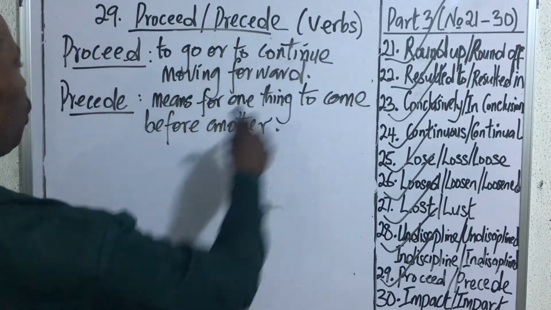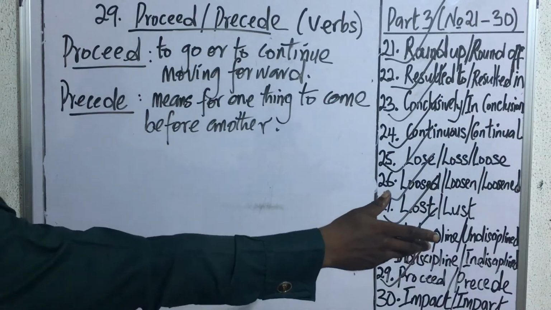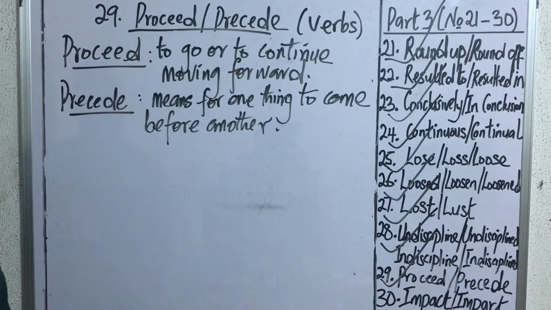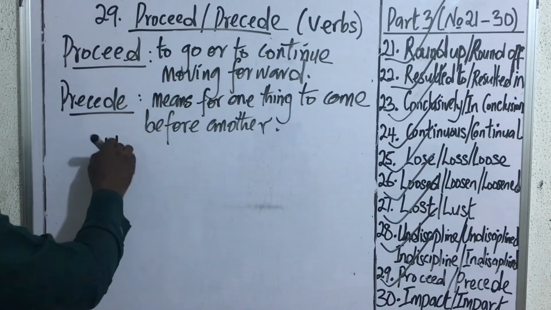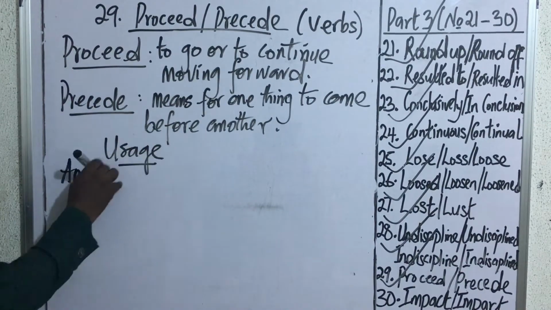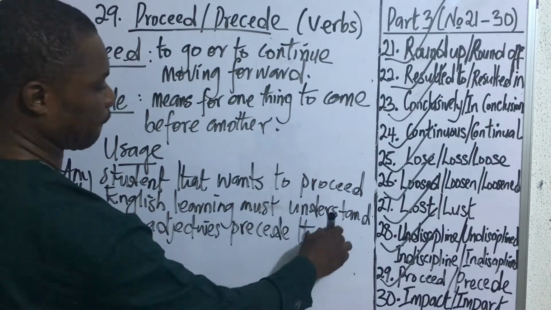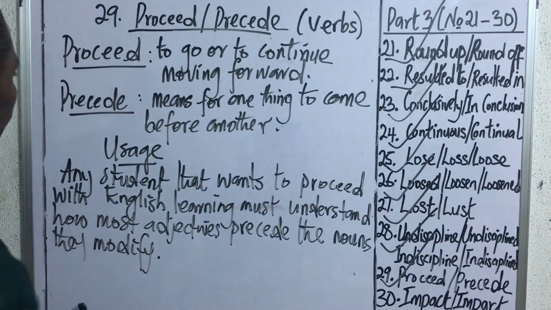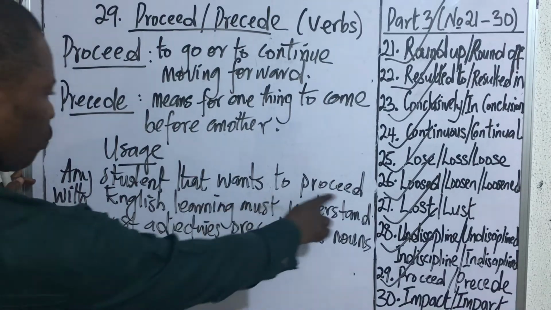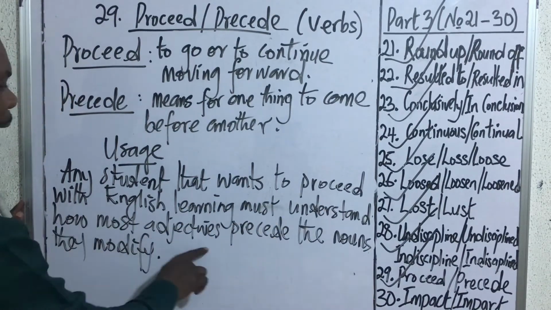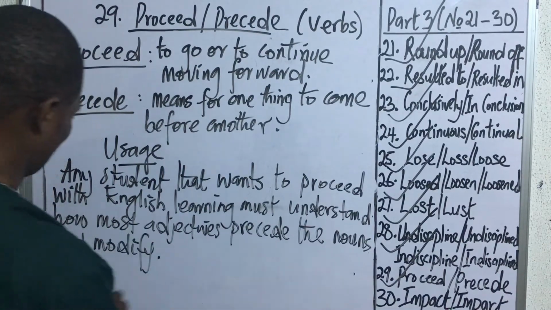Proceed, to go or to continue moving forward. That's proceed. But precede means for one thing to come before another. All right, now let's look at their usage. Any student that wants to proceed with English learning must understand how most adjectives precede the nouns they modify.